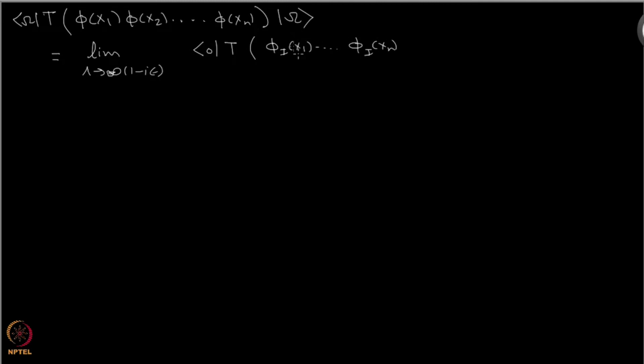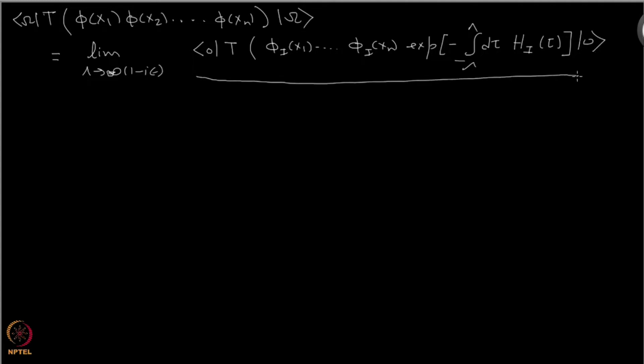So the arguments of these fields phi I's are exactly the ones which you have here. And then you have this exponential factor. And this is the free vacuum. And we should divide by the same quantity except for these fields.